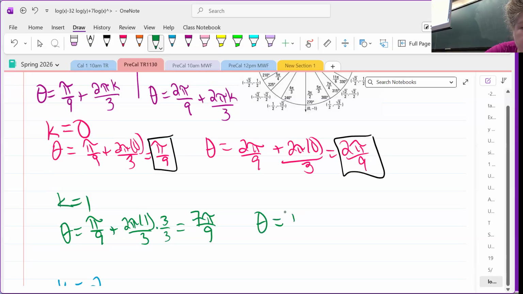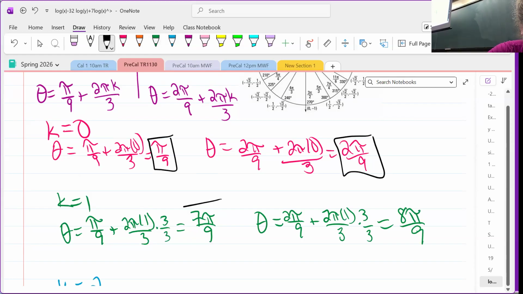And then one more time, 2 pi over 9 plus the same 2 pi over 3, 6 pi over 9. So I get 8 pi over 9. So there's my next two solutions for my list. And on the test, you'd be done. There's only 4 of them.